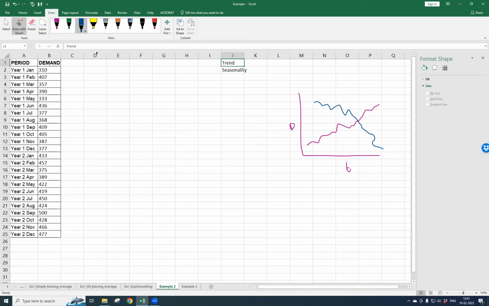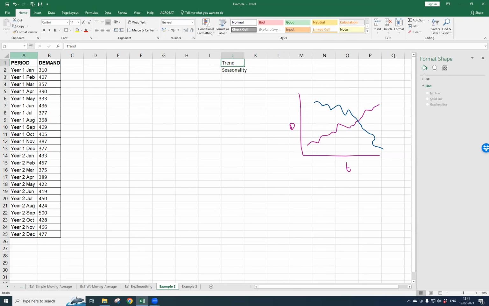Now, how do I identify this in terms of regression, right? So how do I do that? First of all, let's look at a visual confirmation: whenever we look at the graph, is it actually increasing or decreasing? I've taken an example of data over here, which has been collected for 2 years from January to December, and we are trying to use that, right?